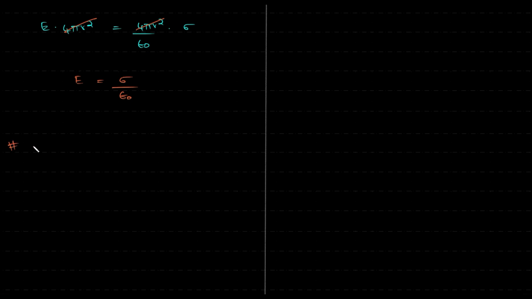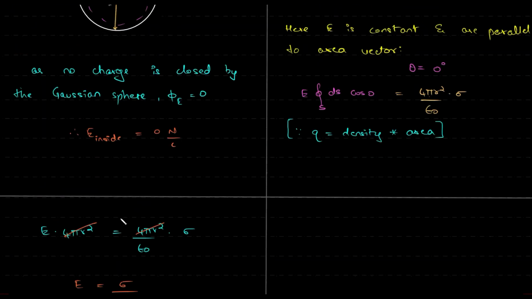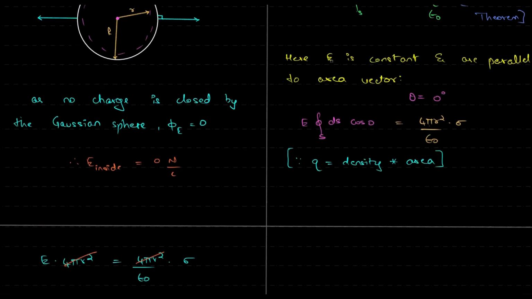Now the case wherein small r is greater than capital R, that is the radius. In this case, the funda will change, right? We have already written this formula: E ds is equal to Q by epsilon naught. And here things will change. We have the same thing: E is constant and parallel to the area vector, and so theta is 0.